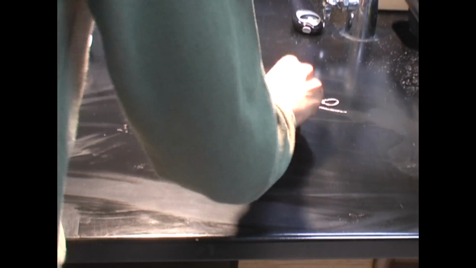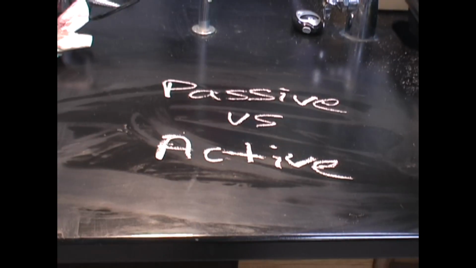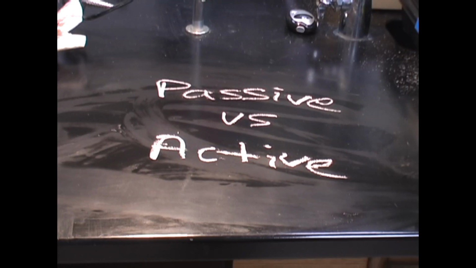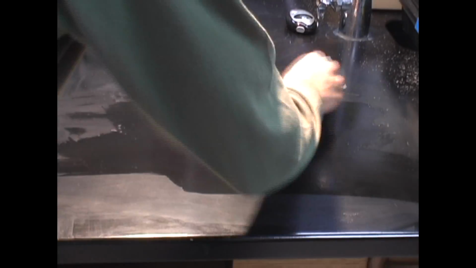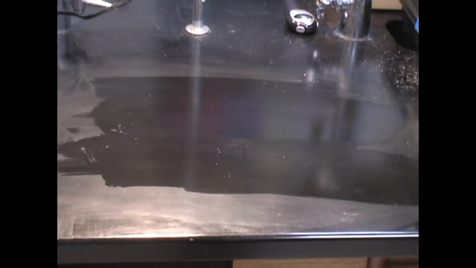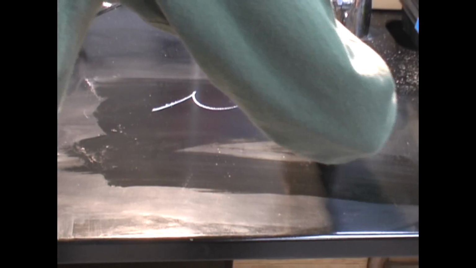So our first topic will be passive versus active. Passive does not need the use of technology, and active does. So Shayna, the way I like to think about it is when you're passive, you're like a calm ocean.